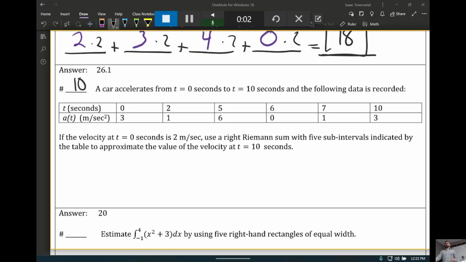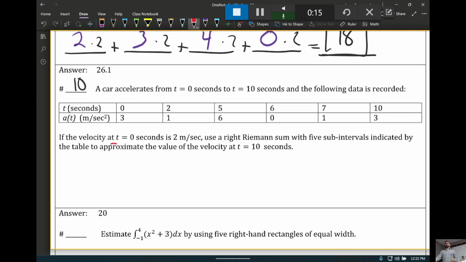All right, so a car accelerates from t equals 0 seconds to t equals 10 seconds, and the following data is recorded. If the velocity at the start of this is 2 meters per second, use a right-Riemann sum with 5 subintervals indicated by the table to approximate the value of the velocity at t equals 10.